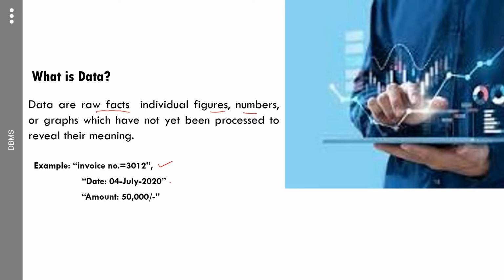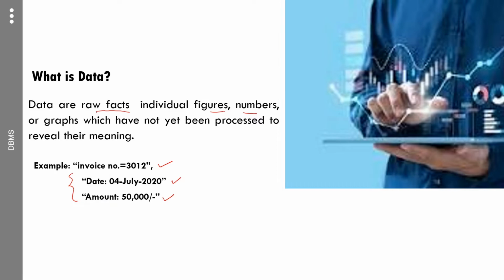Maybe I have taken a single invoice and that particular invoice has got number 3012. The date is showing as 4th July 2020 and the amount that is showing over here is 50,000. So these are called data because you cannot draw any meaningful information out of these things. Because these are raw facts and they have not yet been processed.